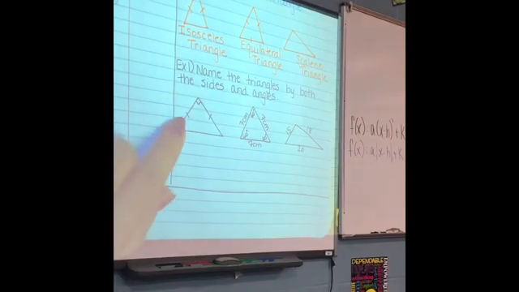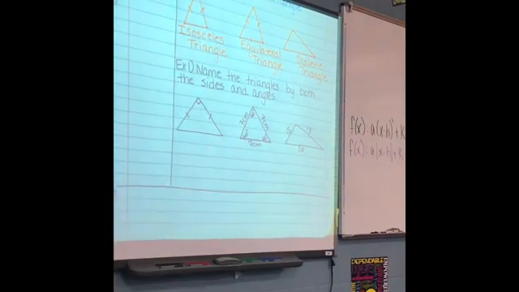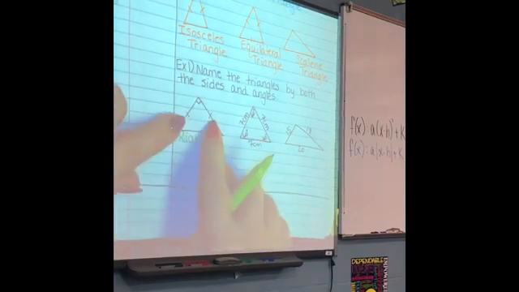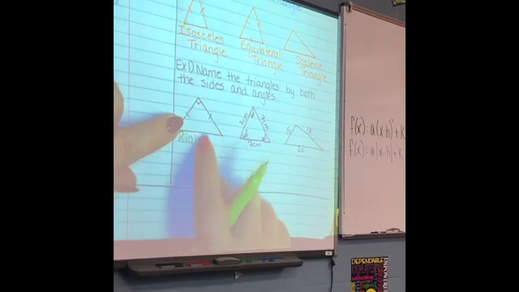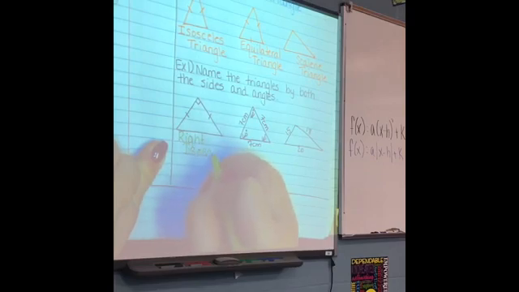All right, so looking at the first one, if I'm going to name it by both the angles and the sides, looking at the angles, what does it have? A right angle, so this is going to be a right triangle. But looking at its sides, I see two sides that are what? Well, congruent. They're congruent or equal measure, and so therefore it is isosceles right triangle.